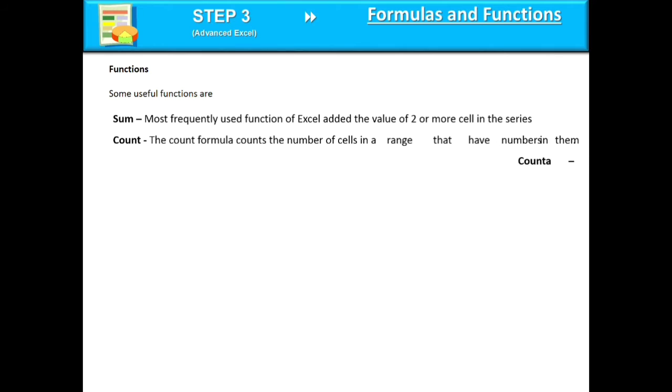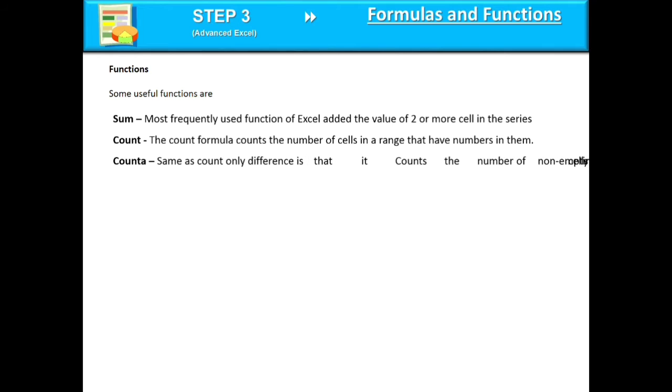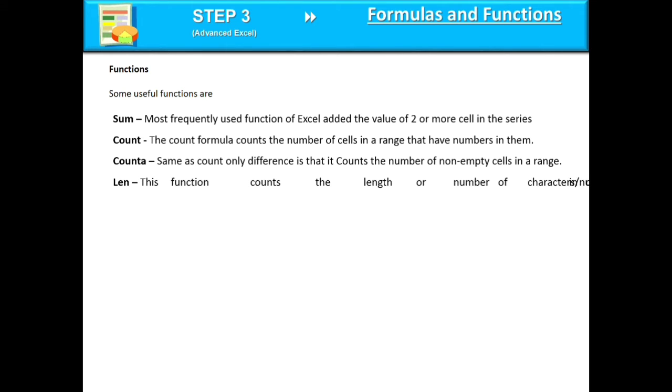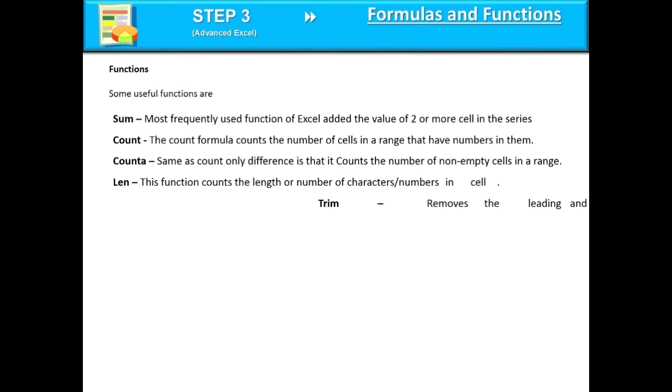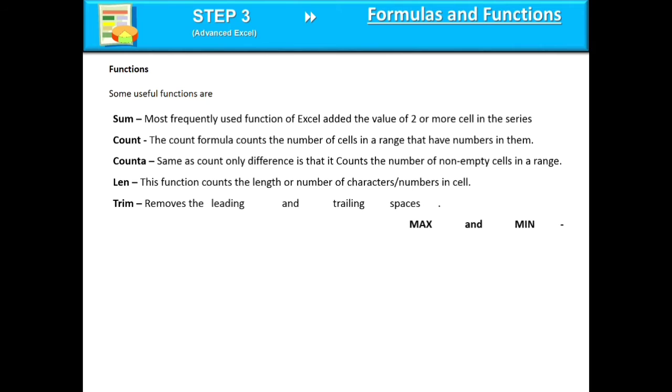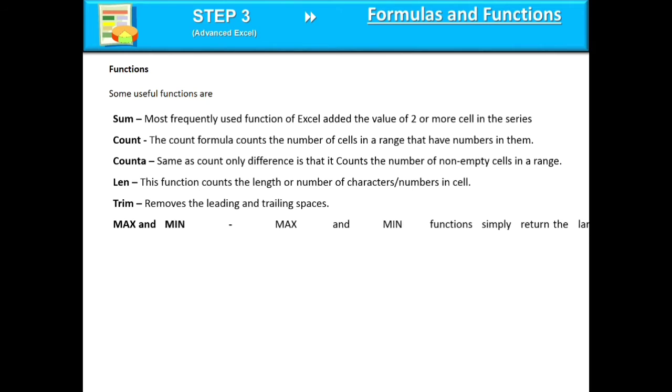COUNTA is the same as COUNT, the only difference being that it counts the number of non-empty cells in a range. LEN counts the length, or number of characters or numbers, in a cell. TRIM removes the leading and trailing spaces. MAX and MIN functions simply return the largest and smallest result from a range of numbers.